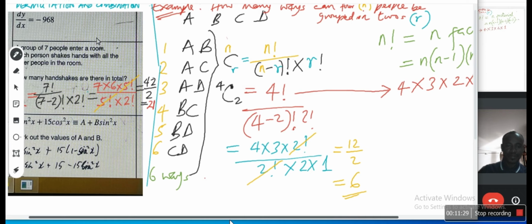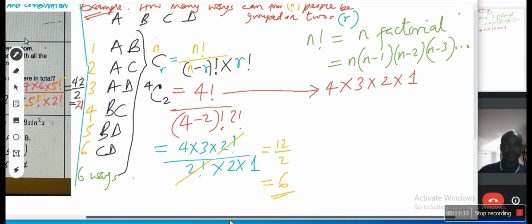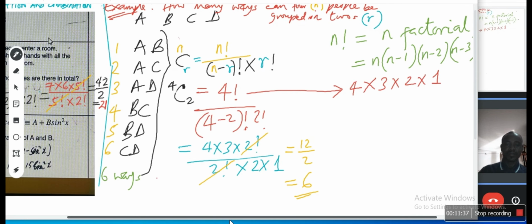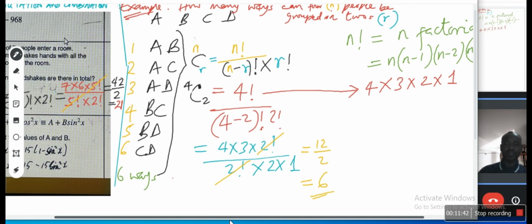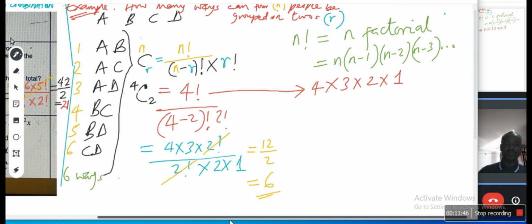I tried it in the business math group and I was like, what is this? Is this further maths or math? Yes, sir. This one should be a normal question in further maths.